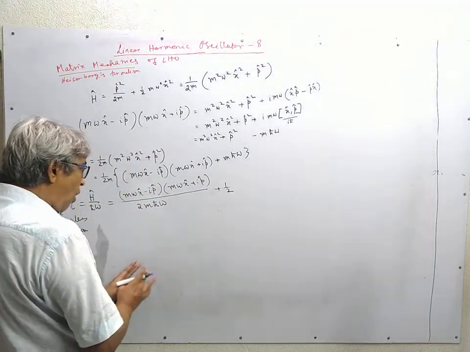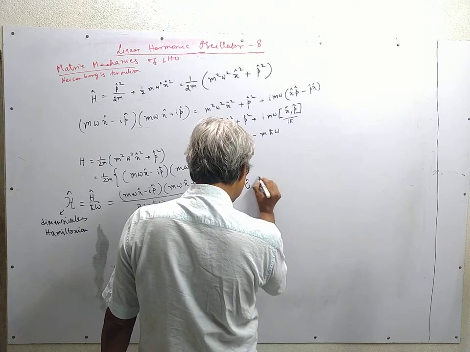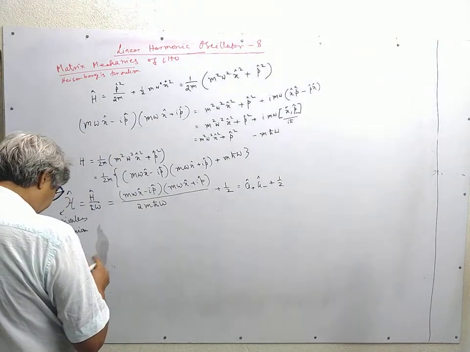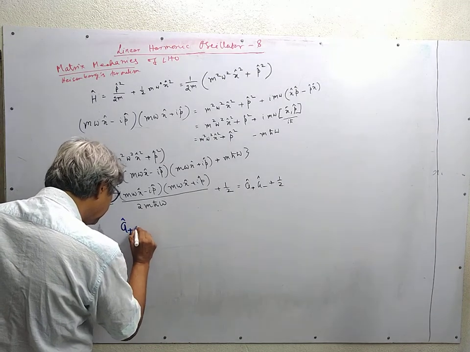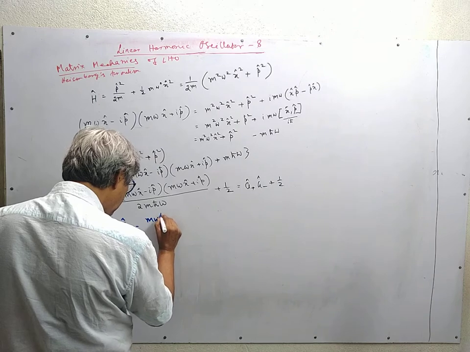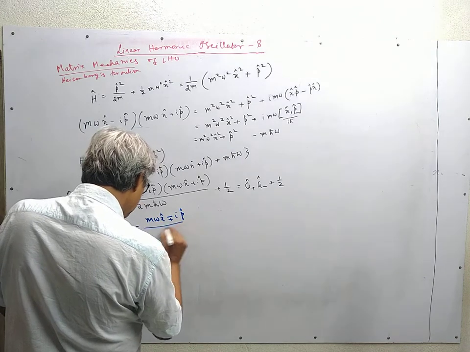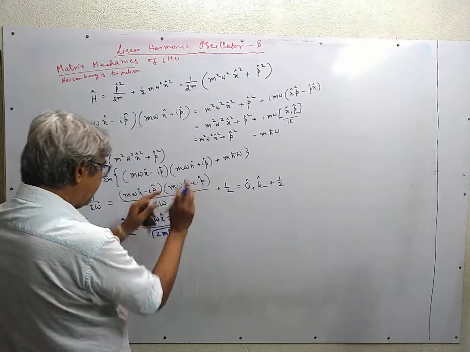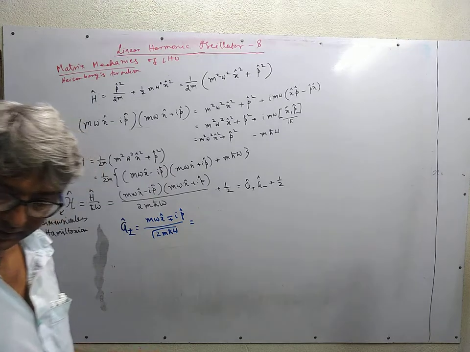We define two operators like this, where the a plus-minus operator is defined as follows: for the plus sign it is minus, and this is equally divided into two halves.